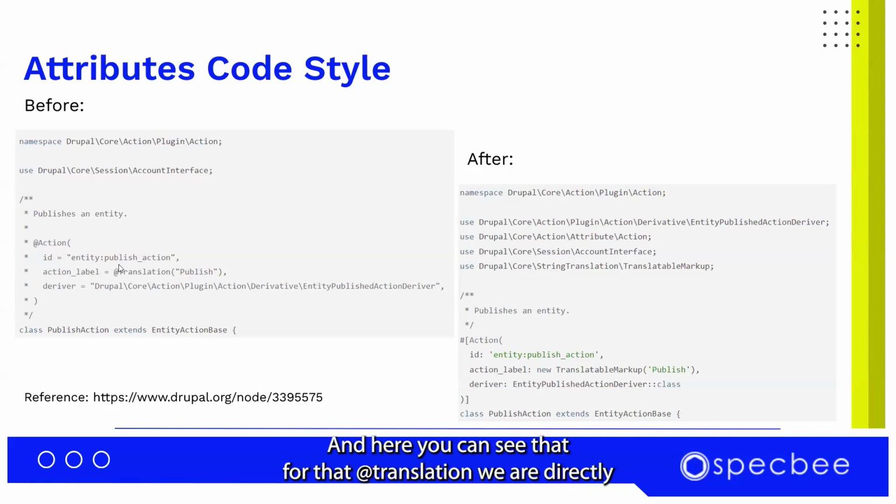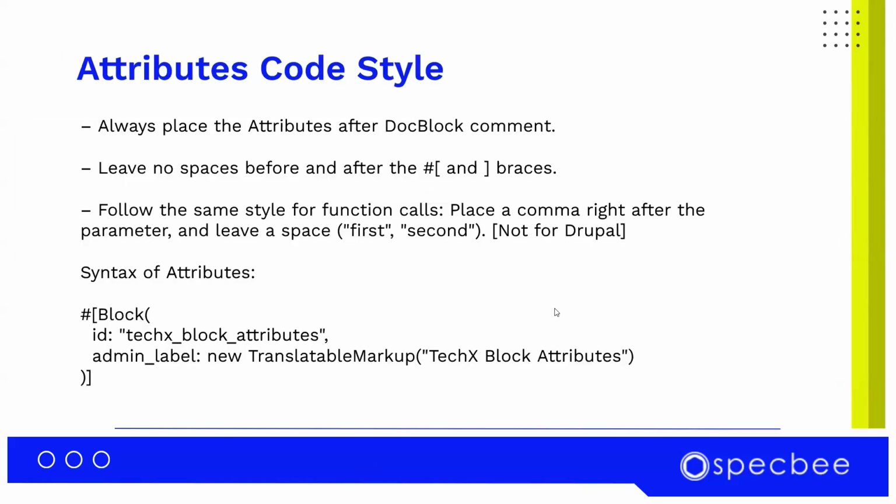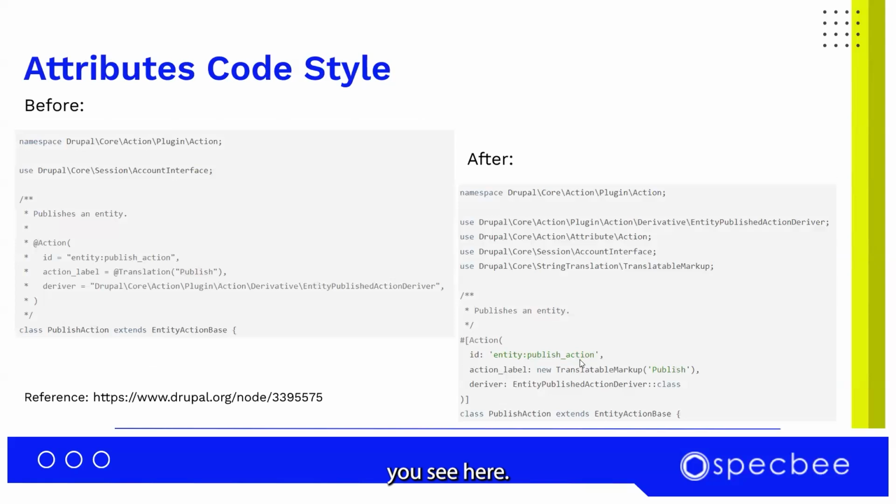Okay, and here you can see that for at Translation we are directly using at Translation without using any translation related class, right? But in case of attributes, you see here, we are using the class TranslatableMarkup.